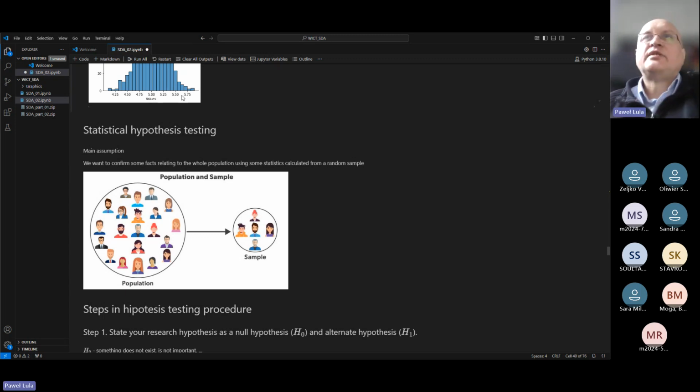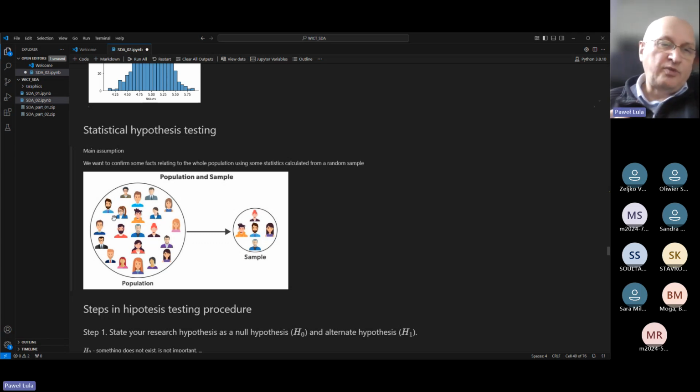And the second element, also very important. This second element is related to the two concepts, population and sample. We want to formulate and verify some hypothesis concerning the whole population. For example, concerning all people living in a given country.